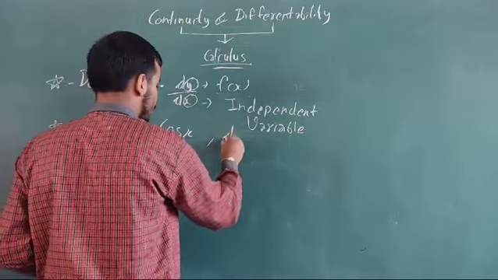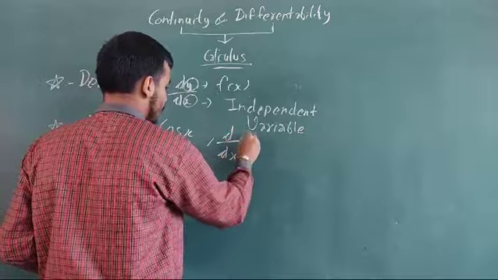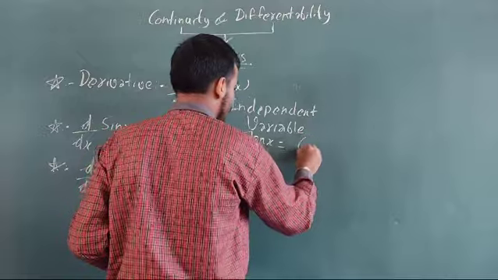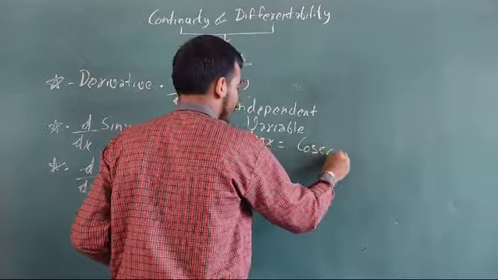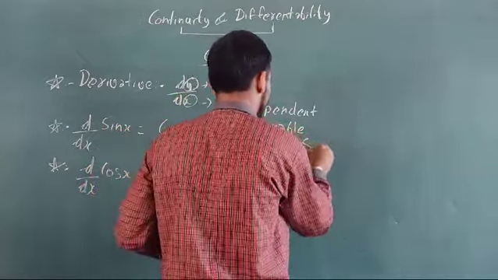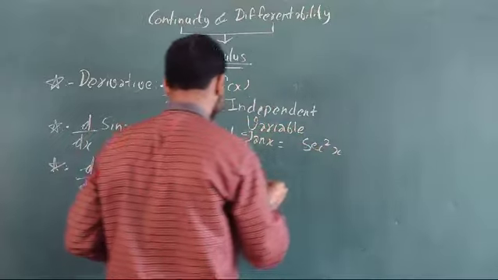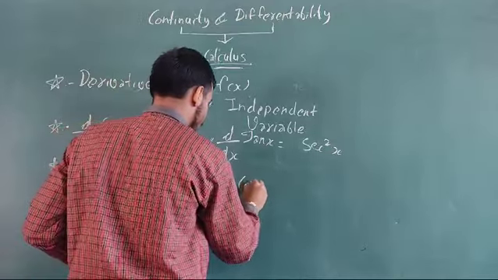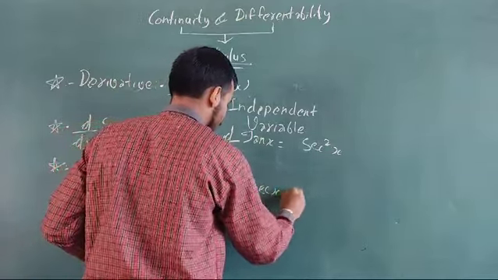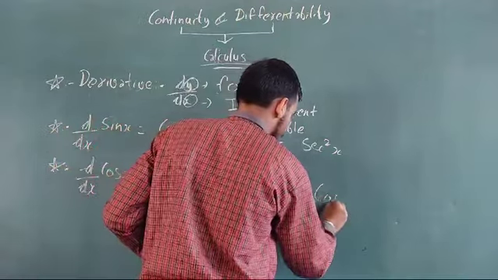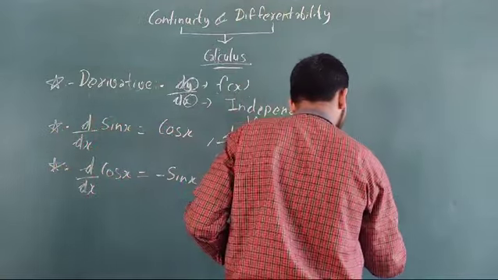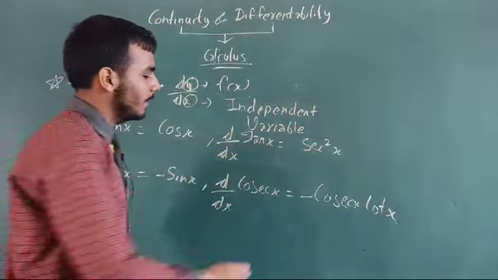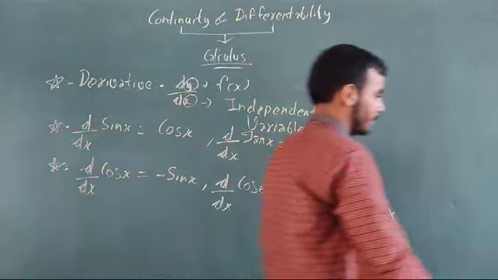And the derivative of tan x will be secant square x. And similarly, derivative of cosecant x will be minus cosec x into cot x.